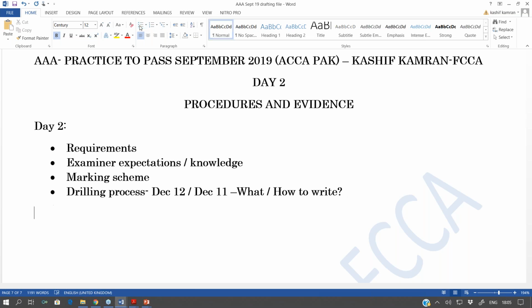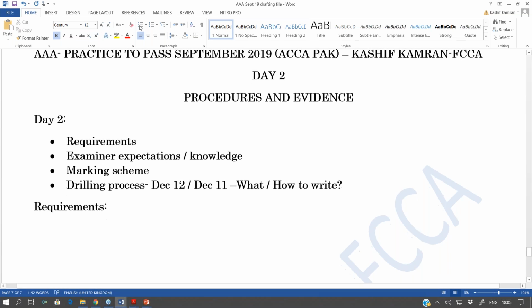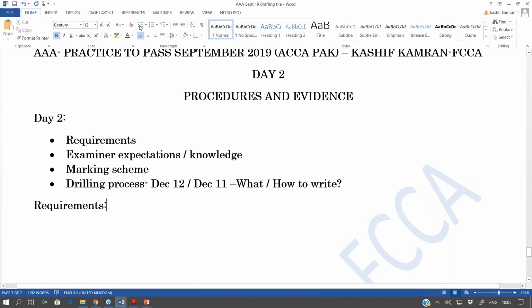Okay, let's first start understanding the requirements. When you look at the requirements of a question on procedures and evidence, first of all, be very sure that procedures is such a scattered area in the AAA exam paper. Normally, procedures on accounting matters fall in question number one, because question number one, as we discussed yesterday, is a question on risk.